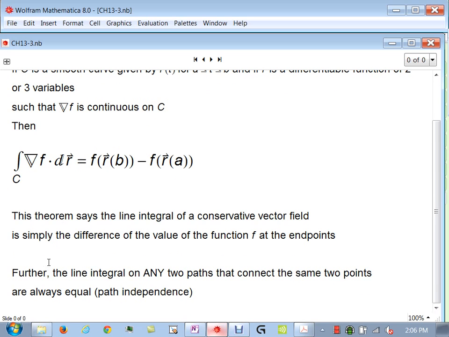So if we think about this a little more, this line integral will always give you the same answer on any two paths that have the same two endpoints.